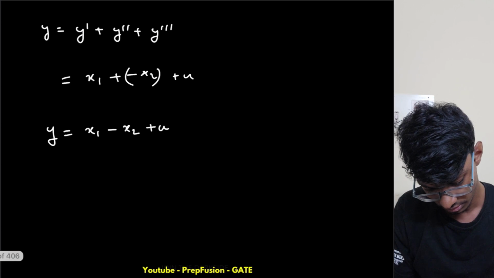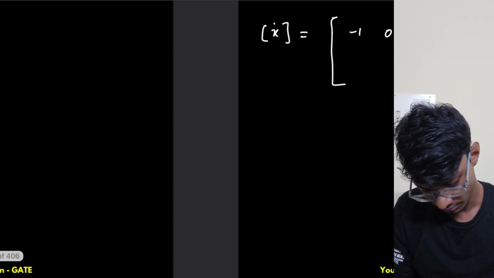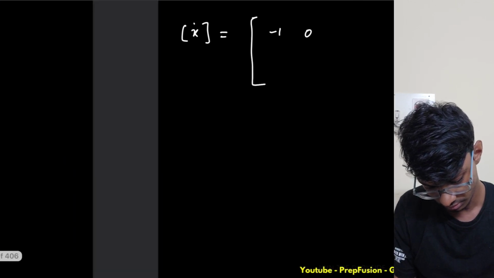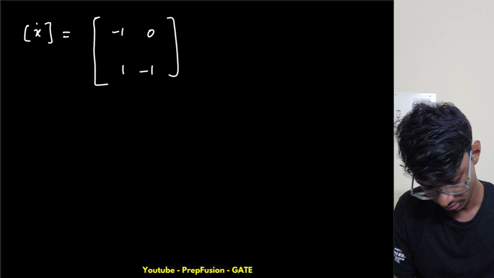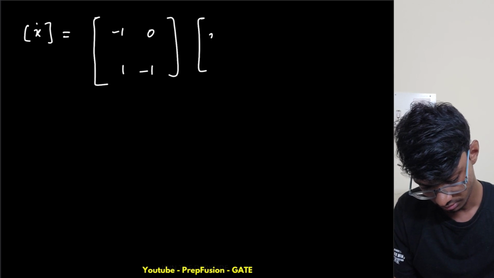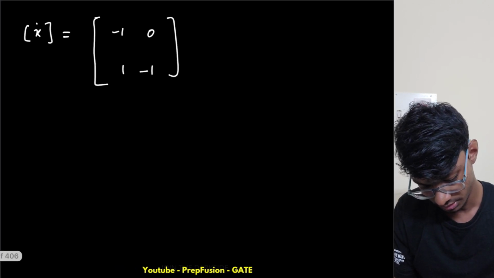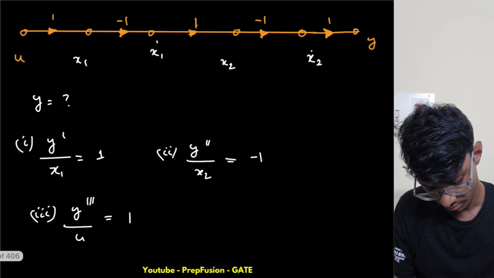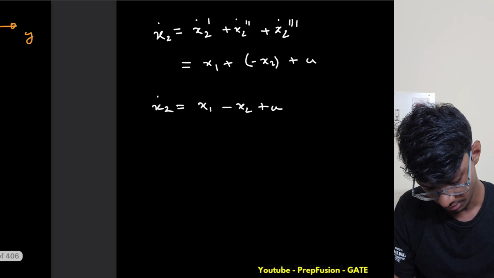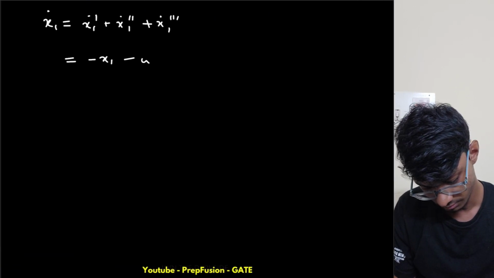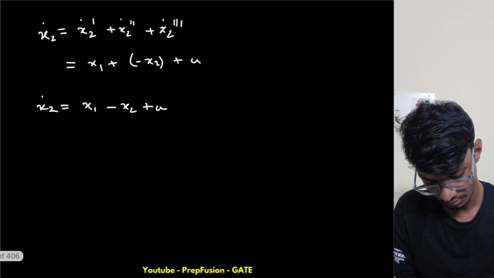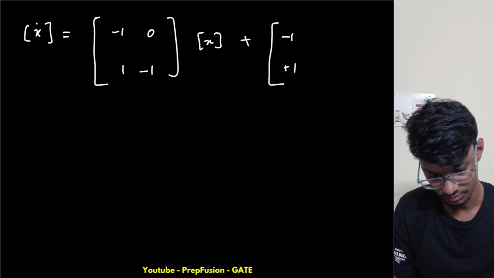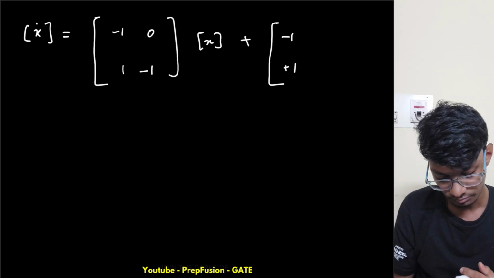So this will be minus 1 comma 0, and this is 1 comma minus 1, times the x vector, plus the input matrix: this is plus 1, and this is minus 1, and this is plus 1. So minus 1 and plus 1.